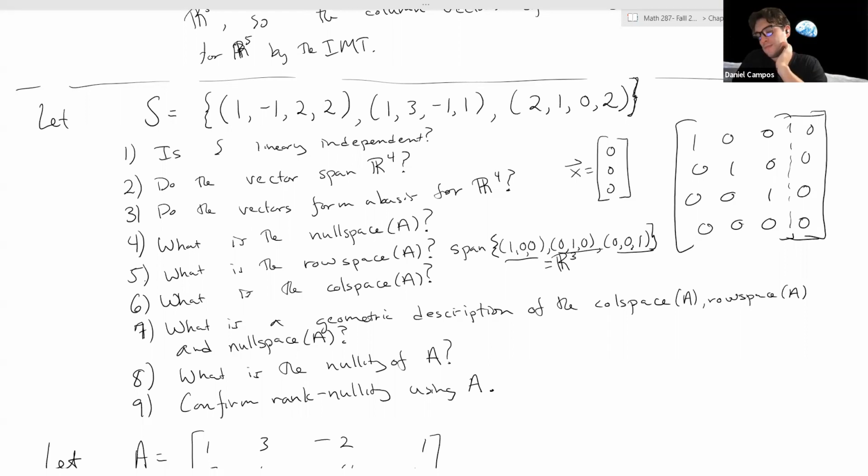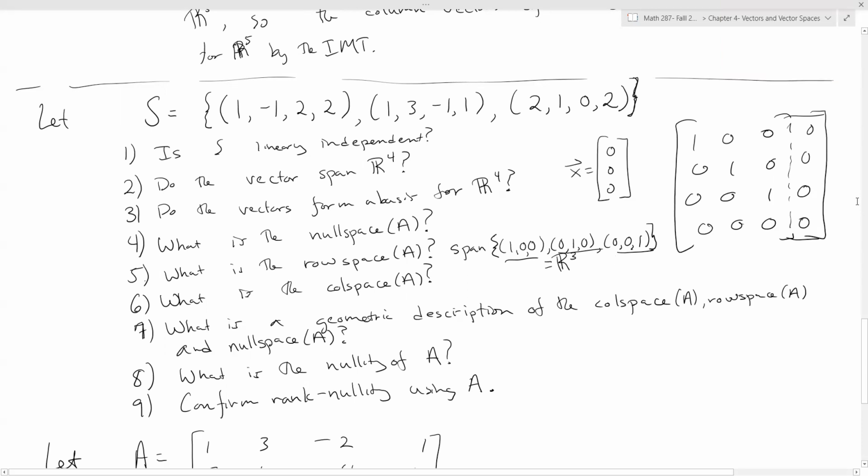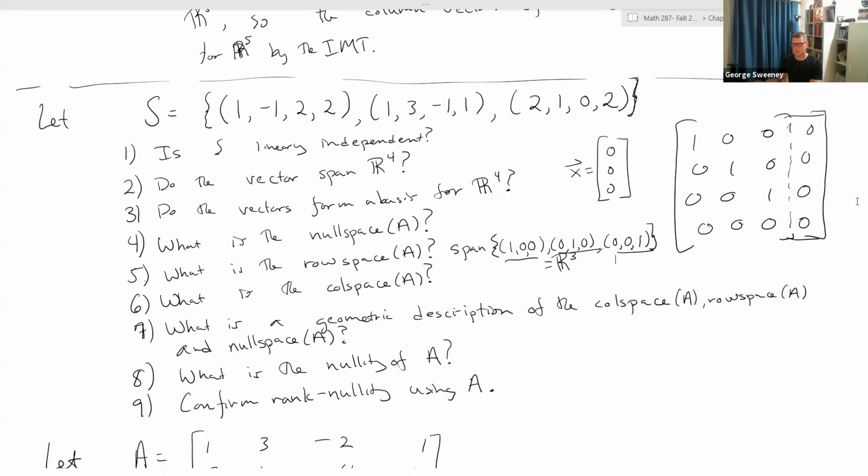What's the column space of A here, Phung? For me, that is R3. And I write it down. The columns of A are 1, -1, 2, 2, and then 1, 3, -1, 1, and the next one is 2, 1, 0, 2.